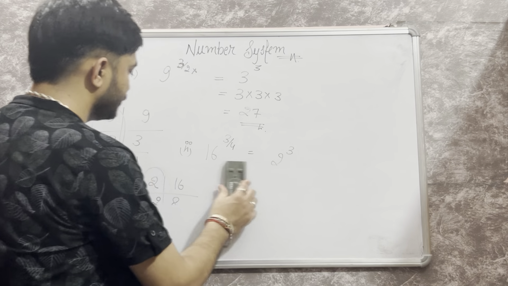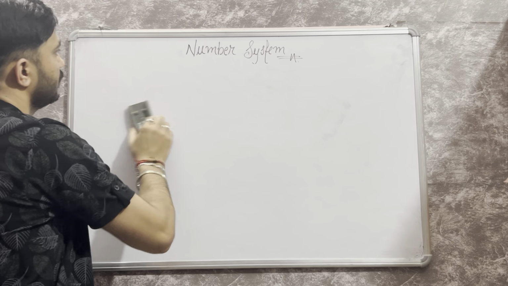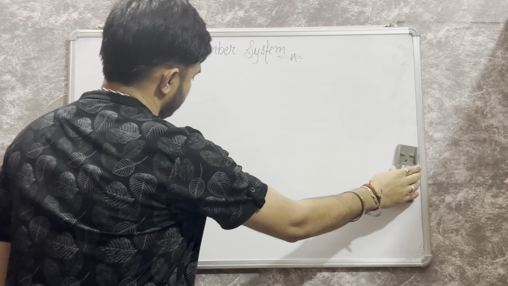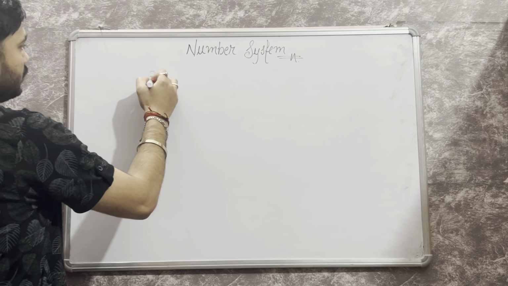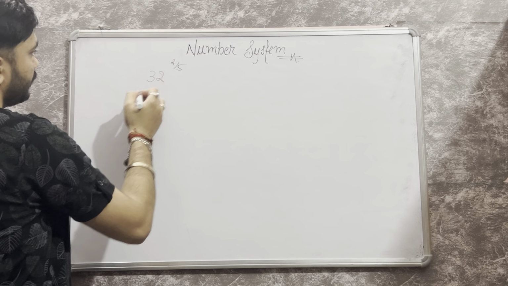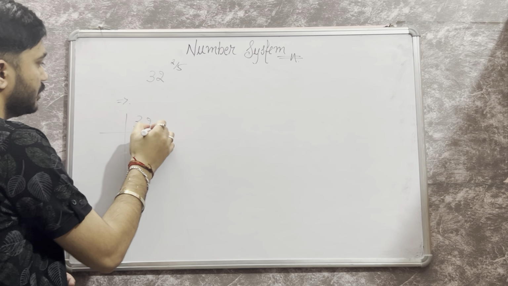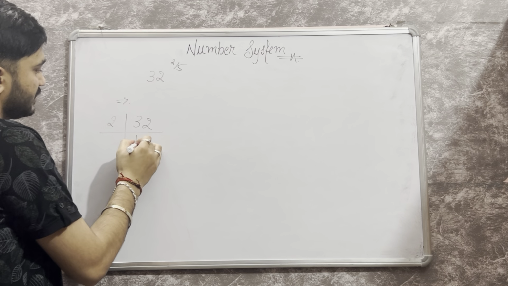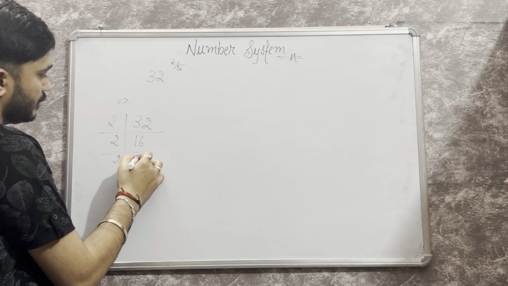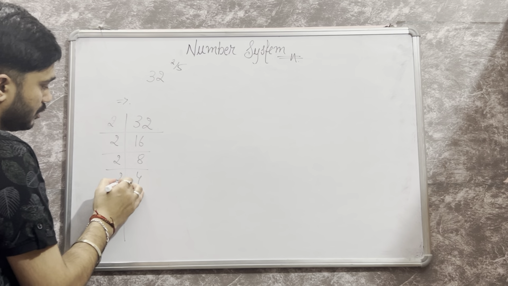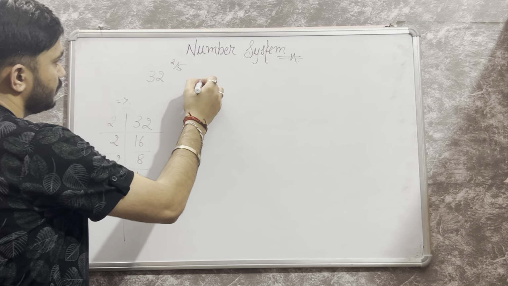Now let us solve some more examples of this type of question. What if the question given to us is 32 raised to power 2 upon 5? How are we going to solve this? So firstly, prime factorize the number 32. 2 16s, 2 8s, 2 4s, 2 2s and 2 1s.